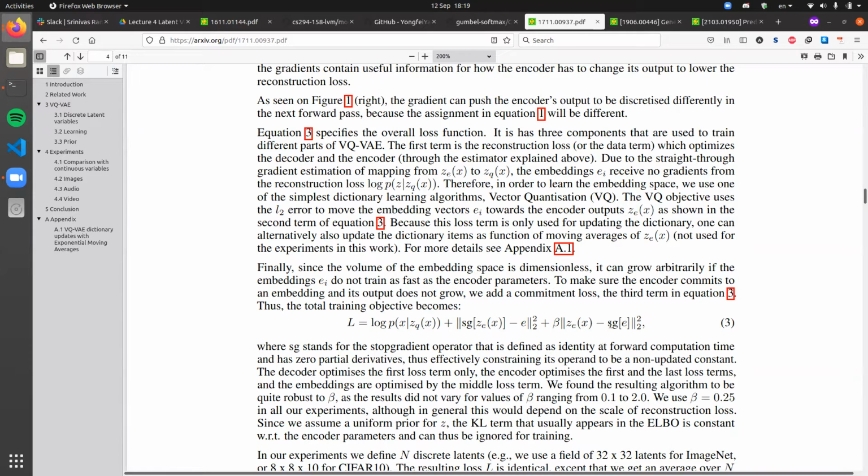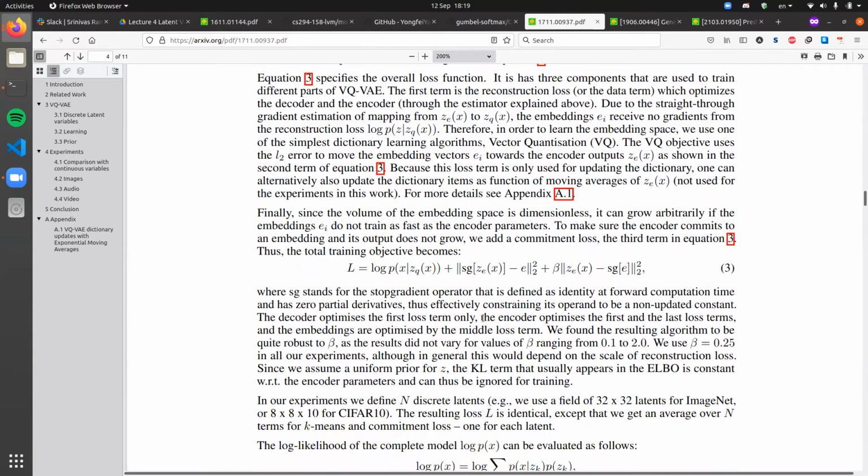So we have these two terms that act as follows: we want the codes or embeddings to be close to what the encoder outputs, but also we want the encoder outputs to be close to what we have in the code book.